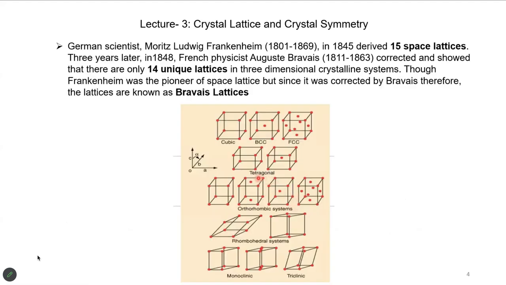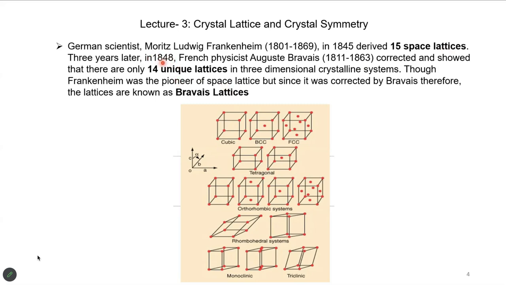Here we go to how many unique lattices we get for the 7 crystal systems. The German scientist Ludwig Frankenheim in 1842 derived mathematically 15 space lattices.